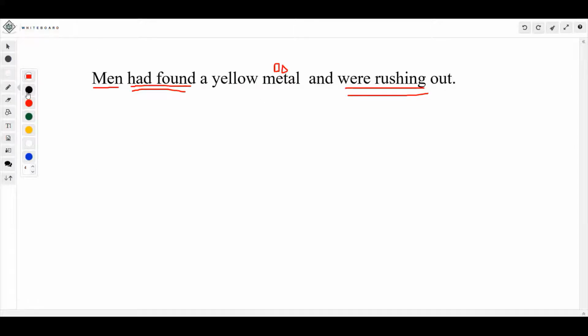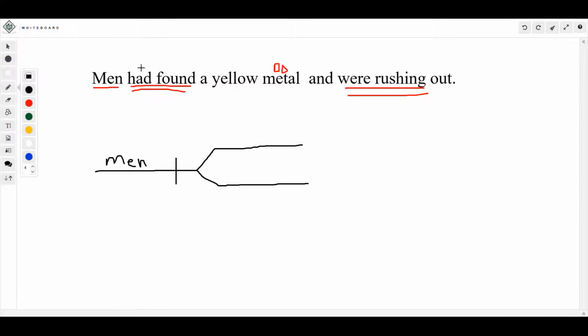Okay, so let us do this. We have one subject and we have two verbs, so we'll have to do it with compound verbs. So this way. I always like it when they do these for you. Okay. Subject goes over here.